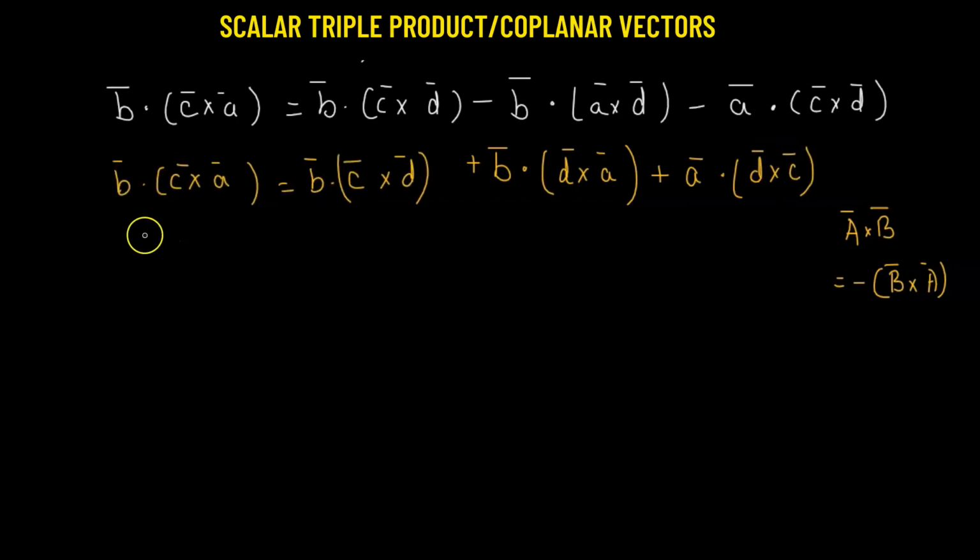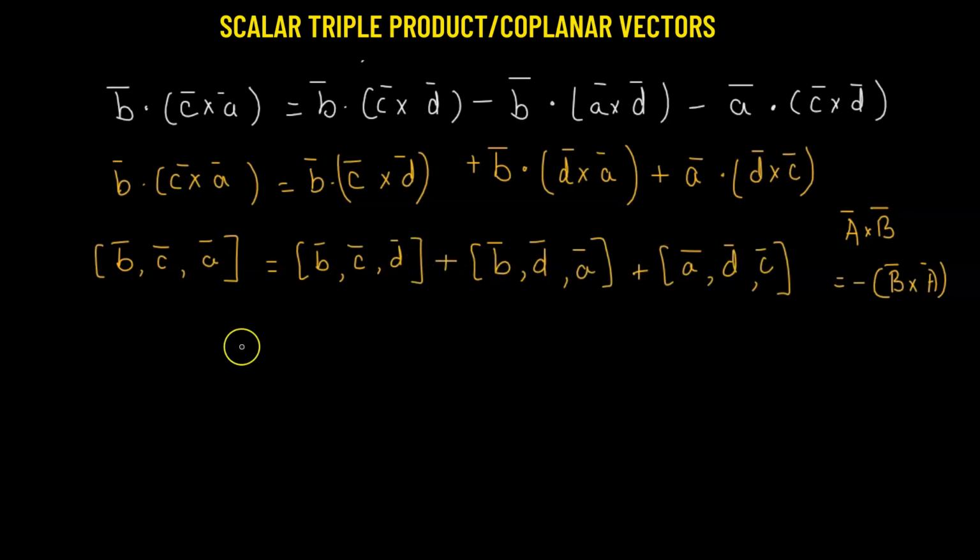Now we can rewrite this scalar triple product in a compact form. This will be B, C, A, equals B, C, D plus, now we know that in our scalar triple product the vectors are cyclical in nature. So BCA is the same as A, B, C, because it is cyclical in nature.